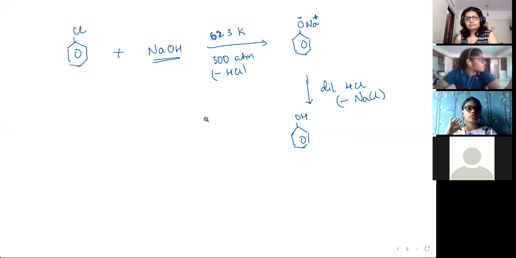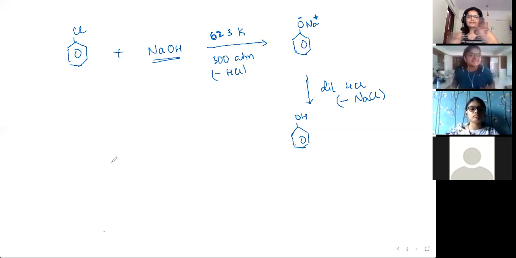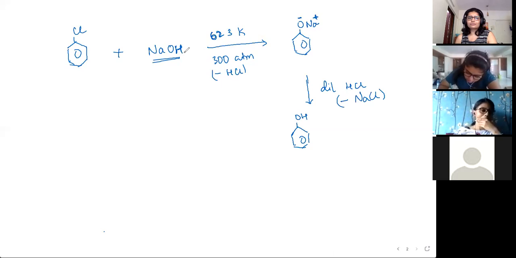Yes, definitely. This is not the way you would produce phenol, since you have lots of other viable methods. This is just an example of a haloarene undergoing nucleophilic substitution, showing how difficult it is.